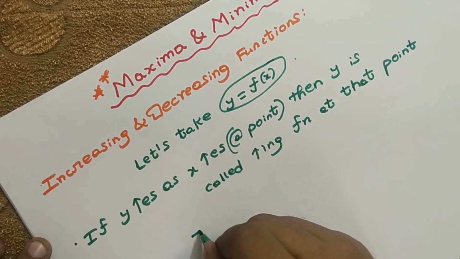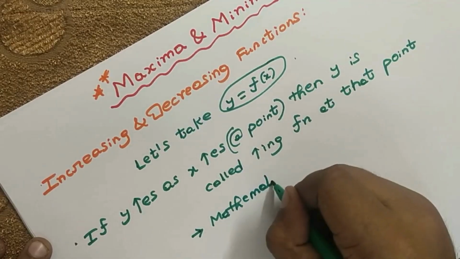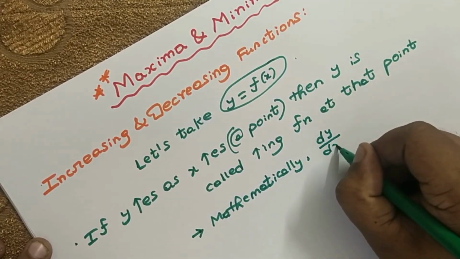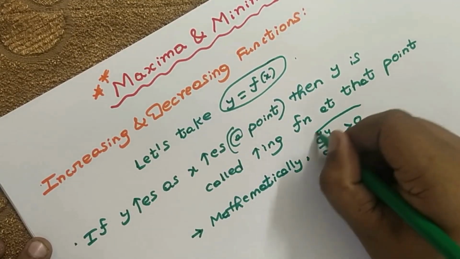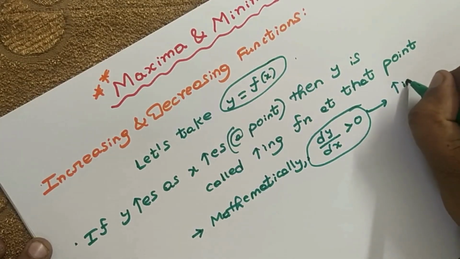Mathematically, dy by dx is greater than 0 at that point. This tends to be an increasing function.